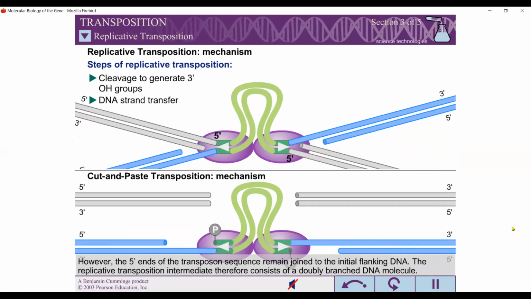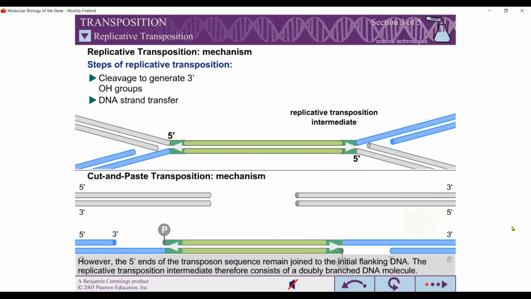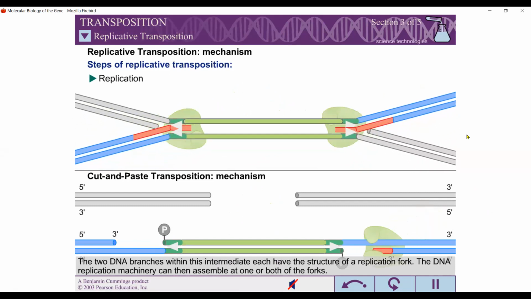So the replicative transposition intermediate therefore consists of a doubly branched DNA molecule. You see? So we have got something like this. Now, this is important. What we see is something of a replication fork at the two ends.